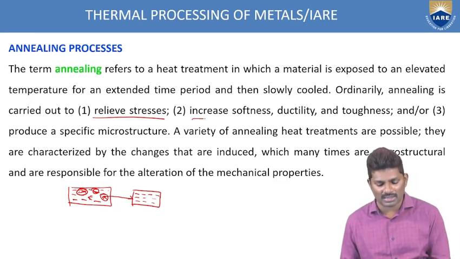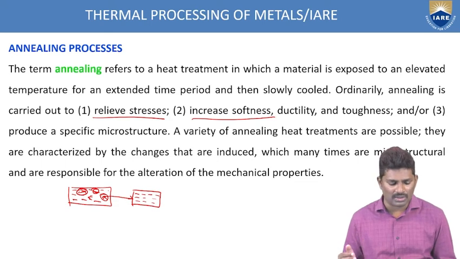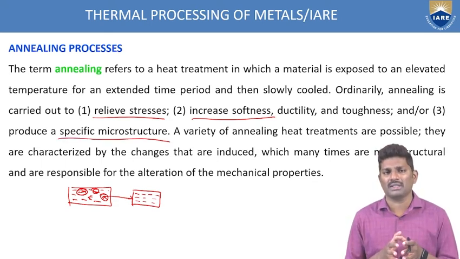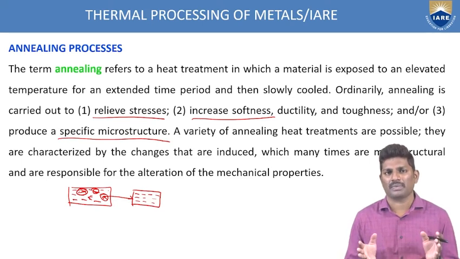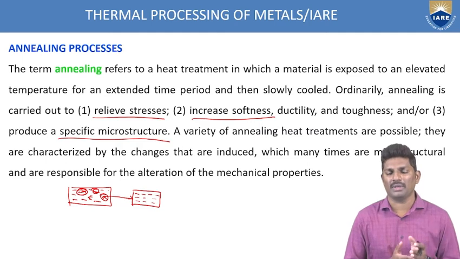And it also increases the softness, ductility and toughness. And also specific microstructure. In order to get the specific microstructure, you have to do the annealing process. So these are the three main criteria you have to remember. First, what is annealing? Heating of the system in order to convert non-uniformity into uniformity. And why are you doing this heating process?